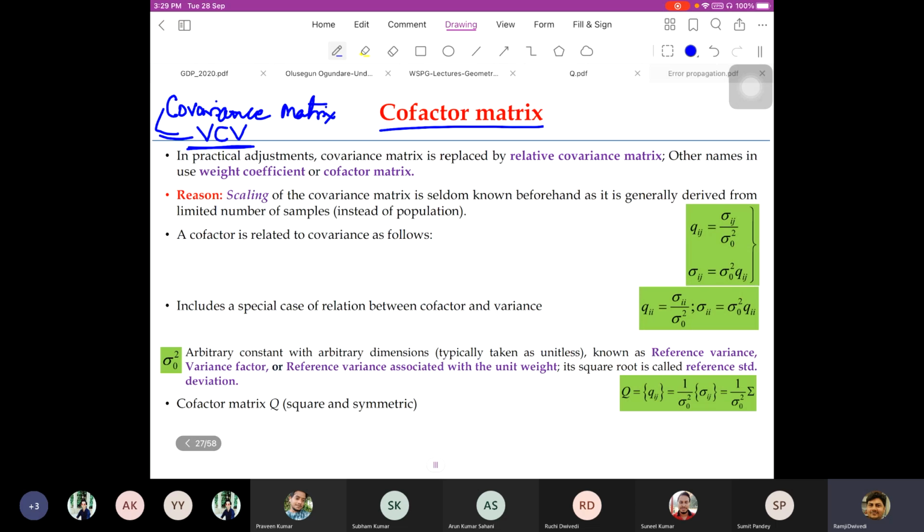In cofactor matrix, what is really being said is that you do not have the whole population with you. In our Geo-Informatics case, when you take a large, infinite number of measurements for a particular quantity, then it is possible to calculate the variance. Suppose you are sitting in a class of 1,000 students. To compute the variance of some quantity, you have to take individual measurements of all students.